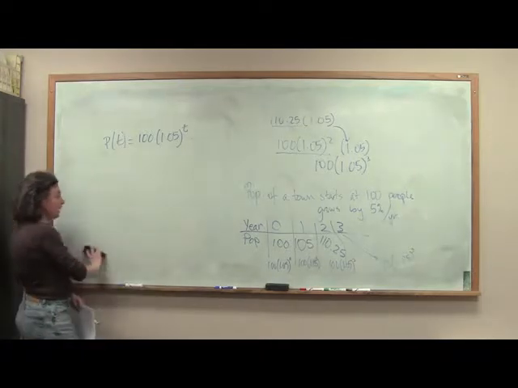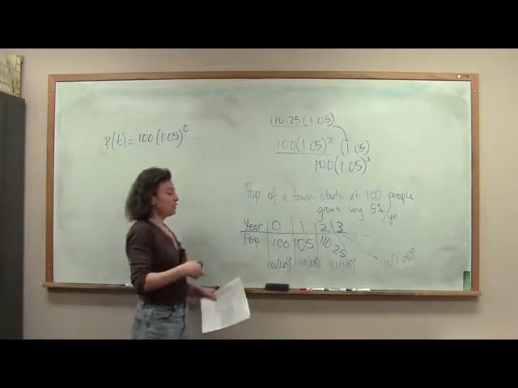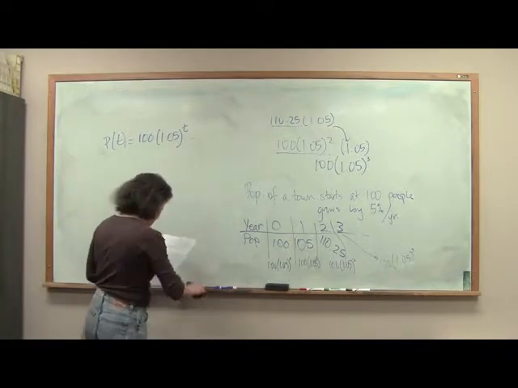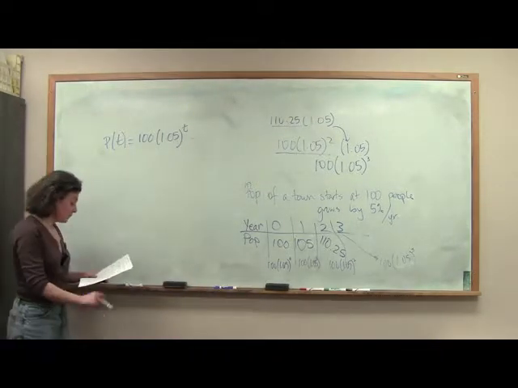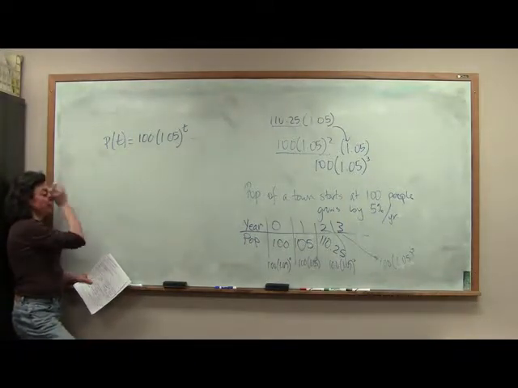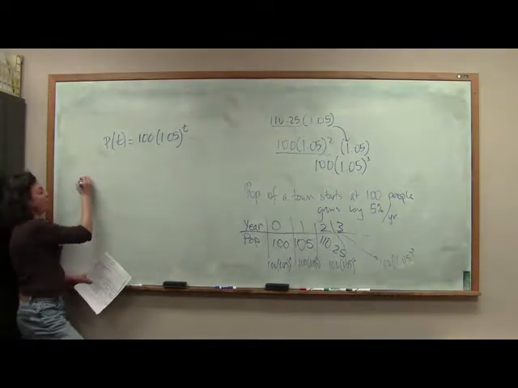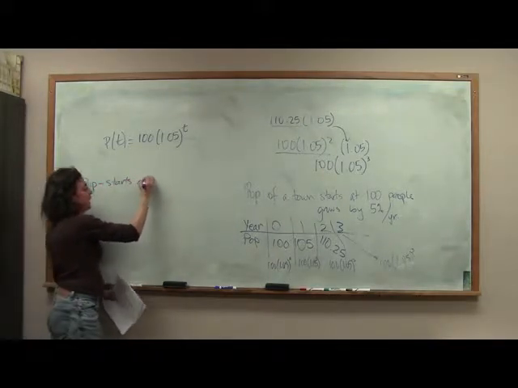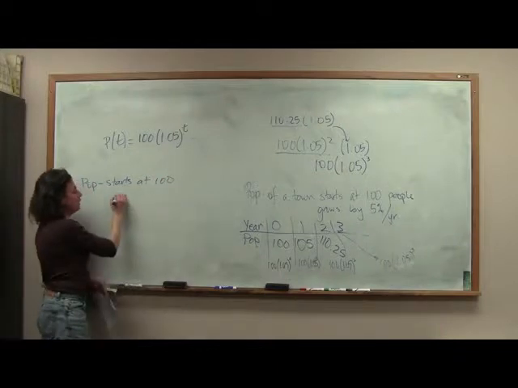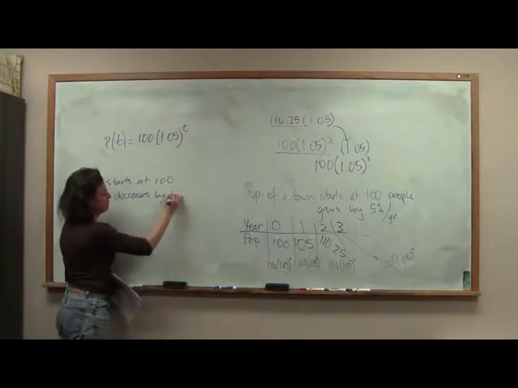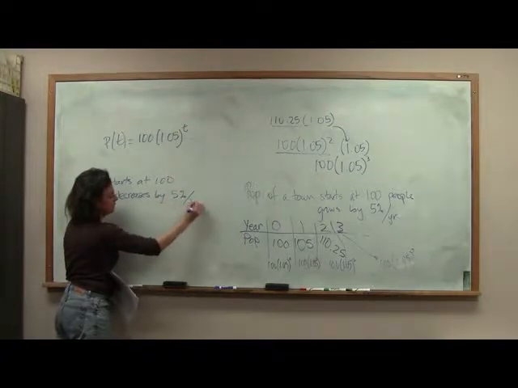All right, now we can talk about decreases just like we can talk about things increasing. Okay, so let me take, for example, the following. Suppose we have a population, and now we'll say it starts at 100, but now let's say that it decreases by 5% per year.